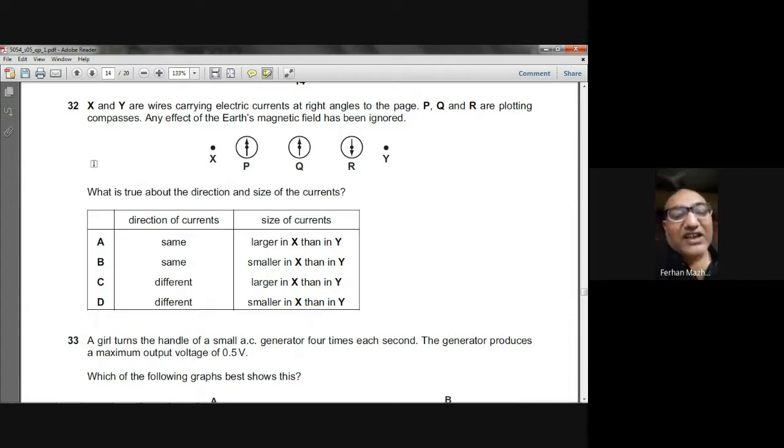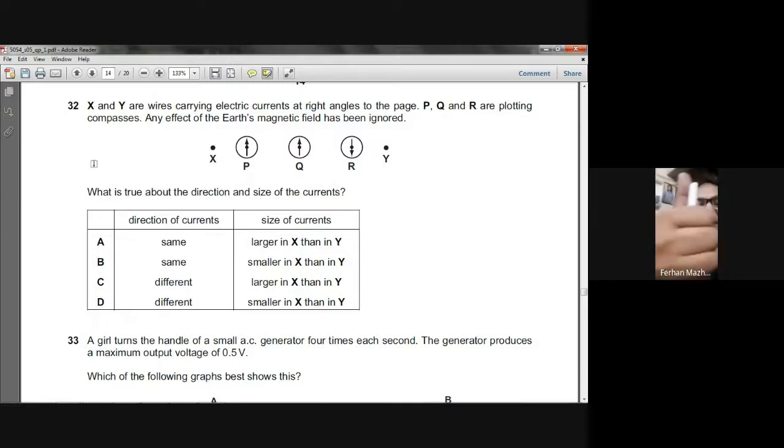We use the right hand rule. The rule is very simple. You take your right hand. For example, if this represents the conductor, and through it the current is flowing upward, I will hold it in my right hand in such a way that my thumb is in the direction of the conventional current.